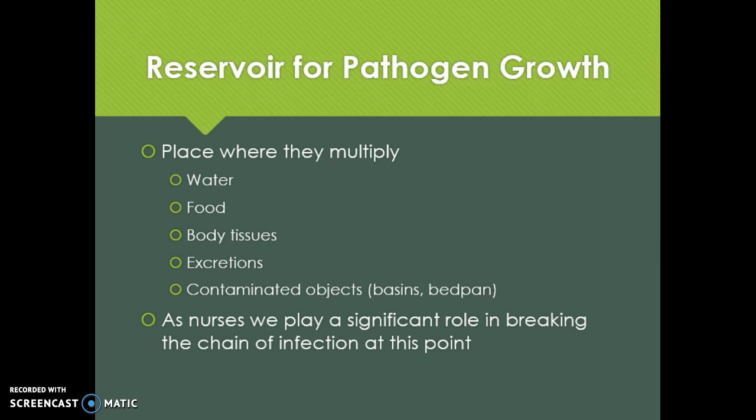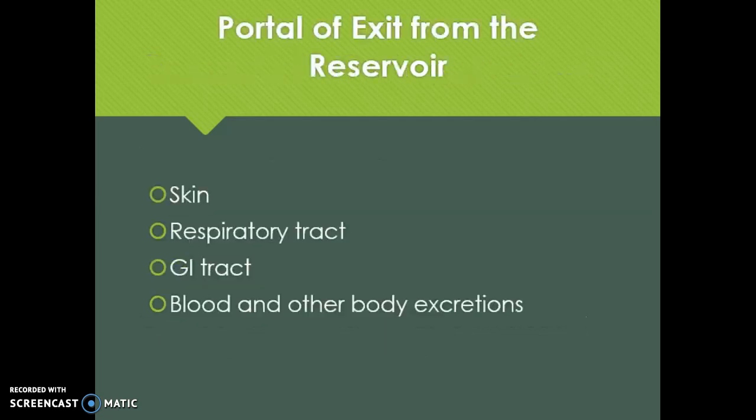A reservoir can be water, it can be food, it can be body tissues, excretions, contaminated oxygen, contaminated objects. But remember that the reservoir has to be a place where that infection, that bacteria, that protozoa, whatever, can actually grow and have a food source, and we'll talk about that.